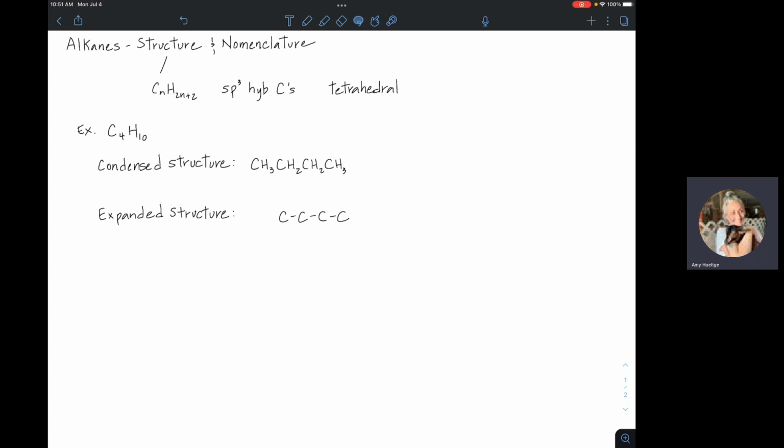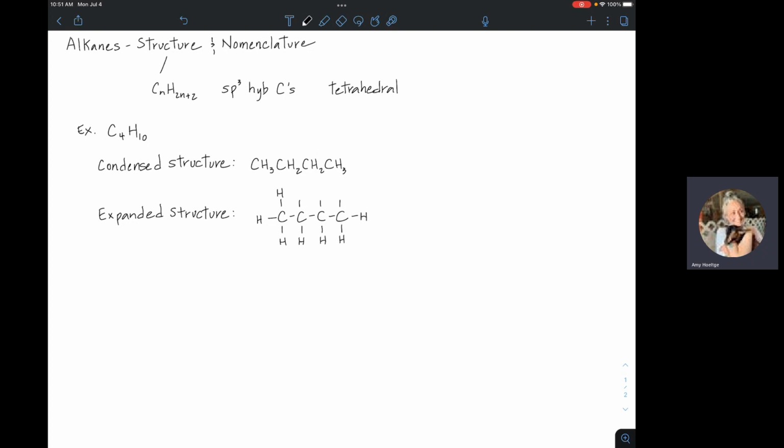Each one of these carbons is going to be fully saturated, fulfilling its octet with hydrogens. And that's where these other single bonds are going to come in. So I'm going to put a hydrogen in each of these spots to complete the octet for each of the carbons.